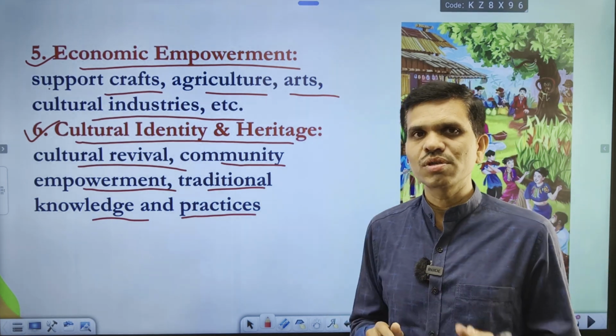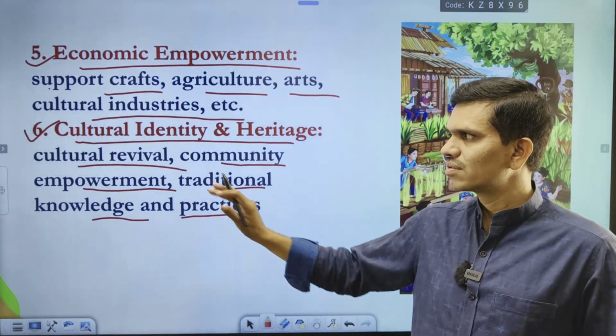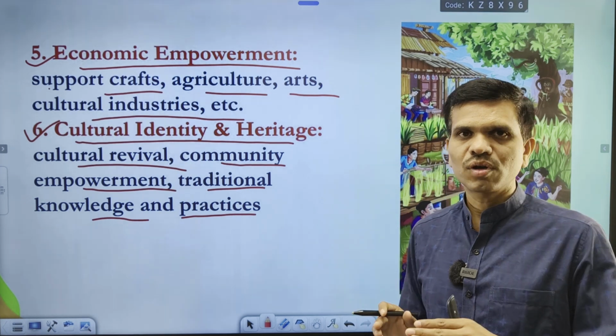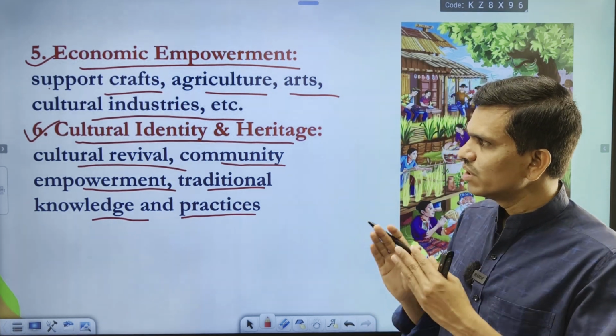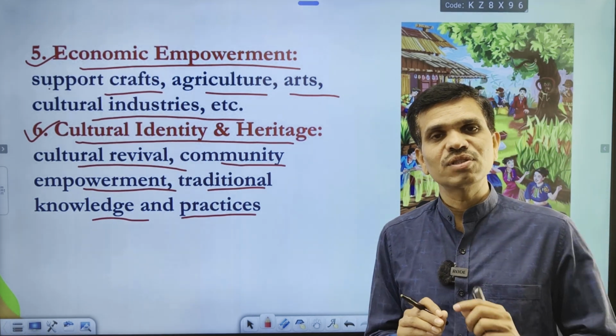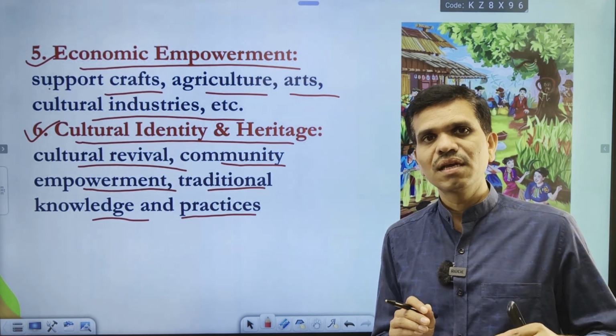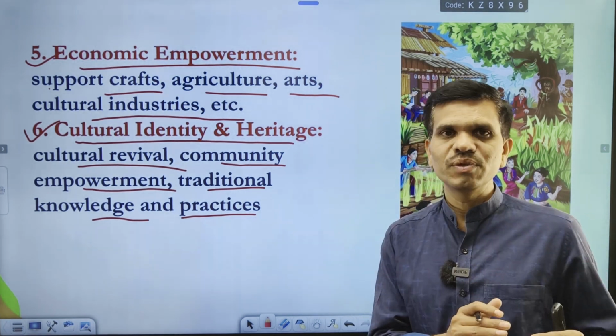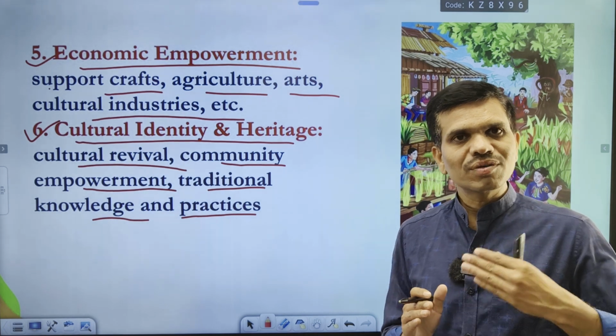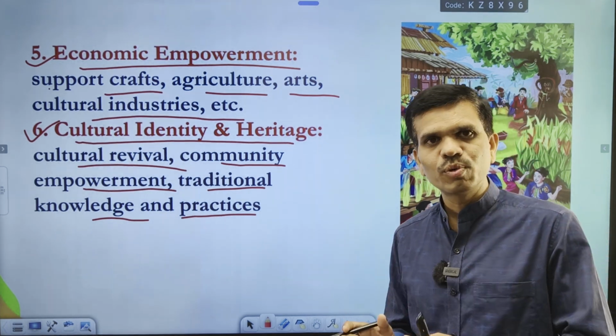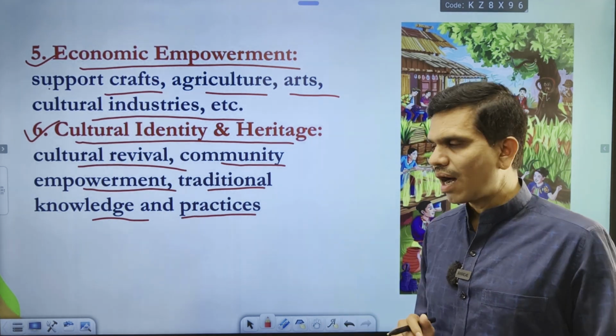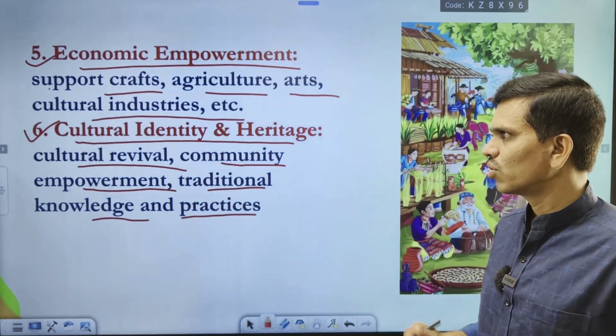So we must support all these traditional knowledge and practices, arts and crafts, because arts and crafts are not a single entity; they have an identity attached to them. So we can preserve cultural identity by supporting all these crafts and arts. So this is the sixth objective.